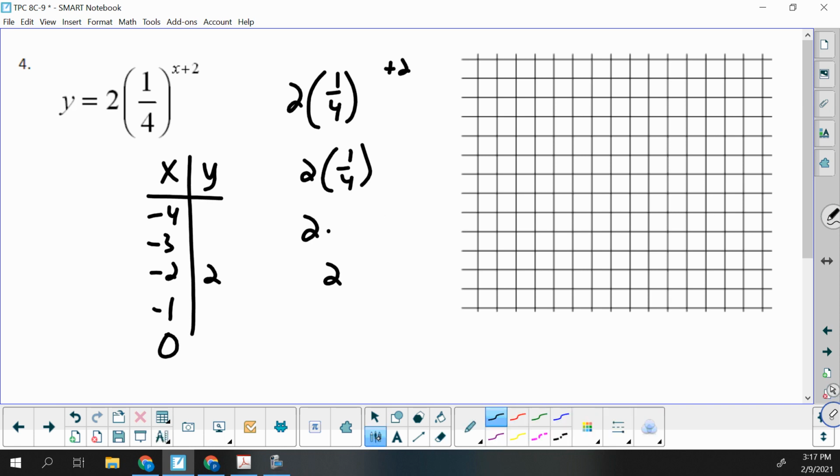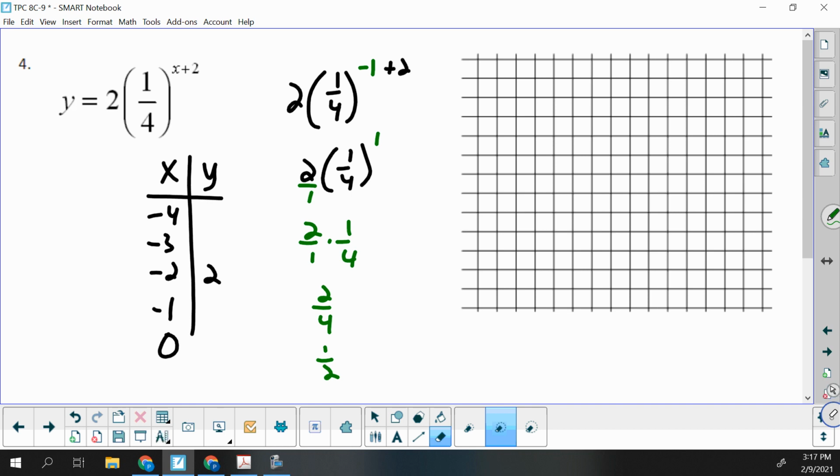If we switch that negative 2 now to a negative 1, we'll end up getting 2 to the first. So this is 2 over 1 times 1 over 4. When you multiply straight across, you get 2/4, or in other words, 1/2.